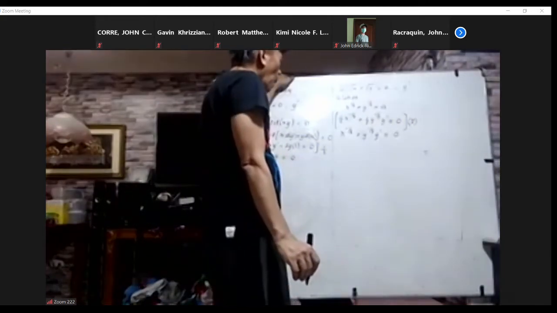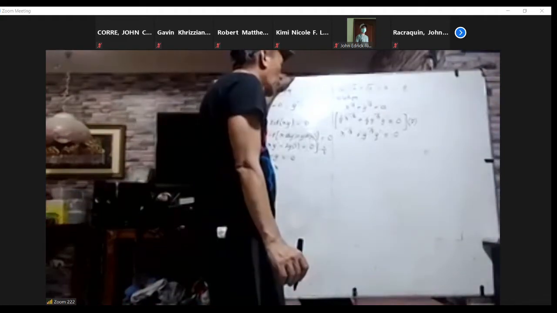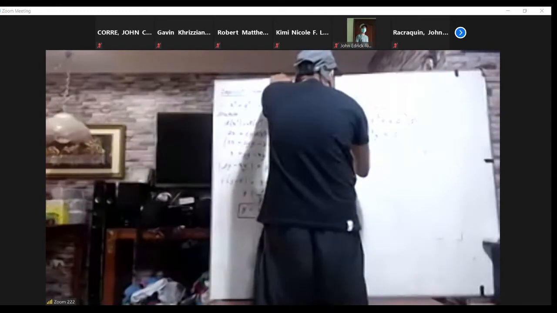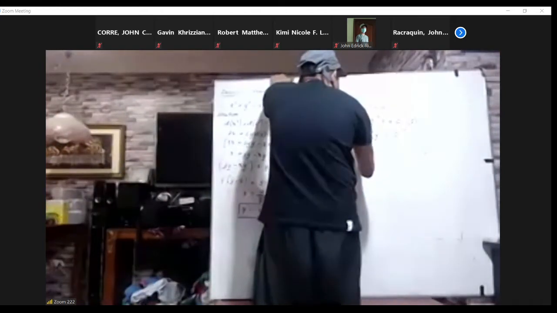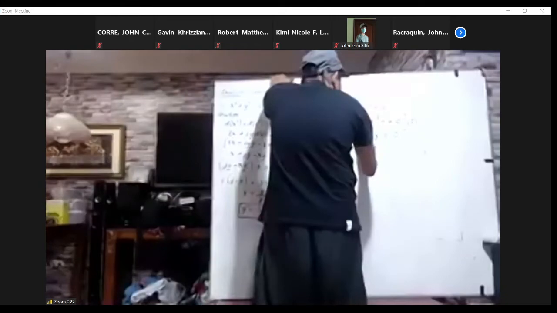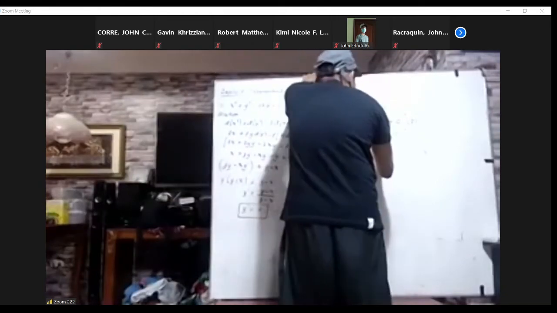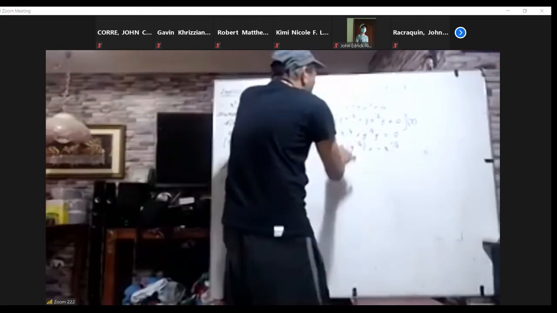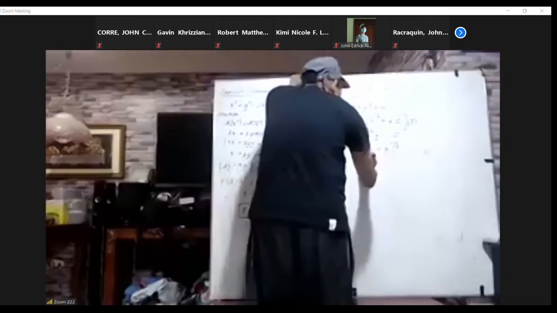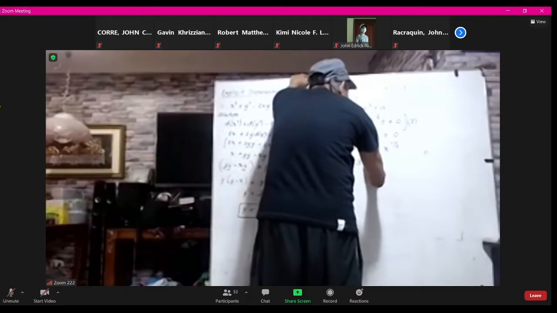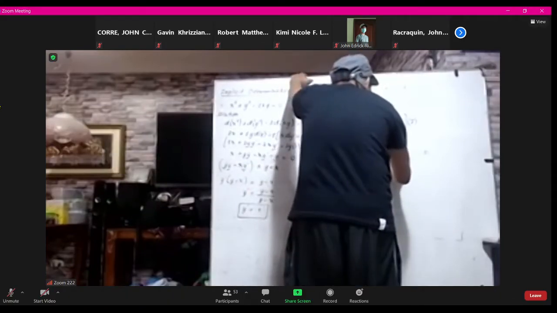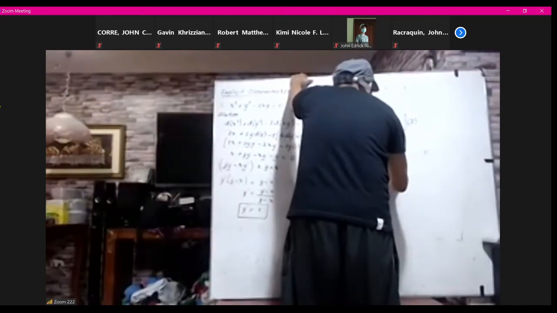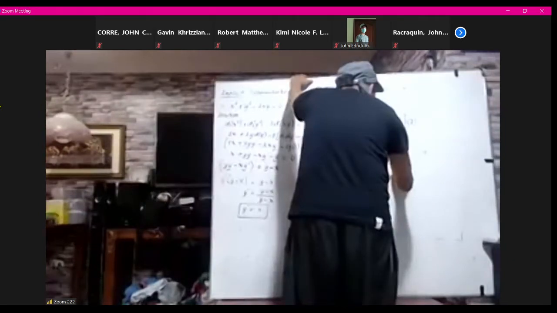So, ngayon, ilabas natin ito kasi kukunin natin yung y prime. y prime multiplied by y raised to negative 1/2 equals negative x raised to negative 1/2. So, nilabas lang natin ito. Then, solve for derivative of y. Derivative of y is equal to negative x raised to negative 1/2 over y raised to negative 1/2.